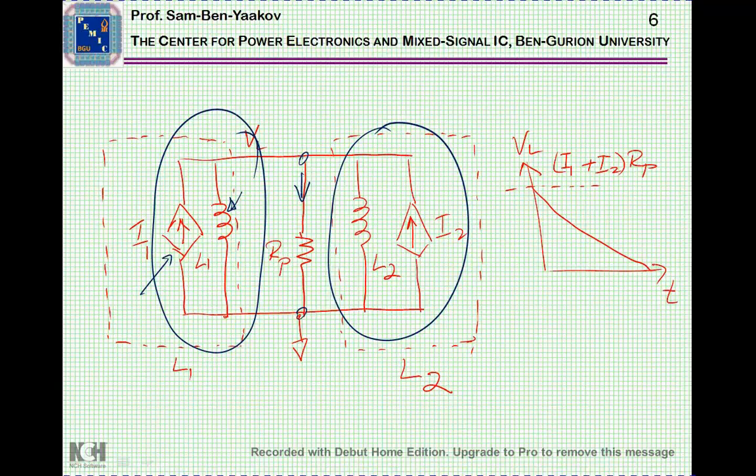Obviously, the voltage here will go up, and the initial voltage, of course, will be the current times the resistance. And then it'll drop exponentially since it's an RL circuit, until it reaches zero. When it reaches zero, this means that the currents are equal, but there is a closed loop here.